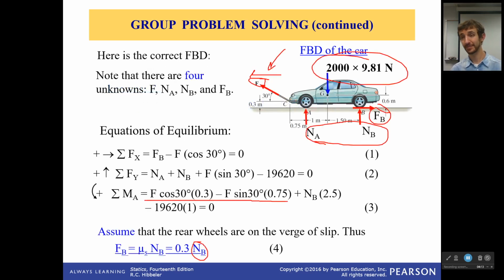Now, I'll be super honest with you. This is a lot of algebra right here. Is there an easy way to do this? There really isn't all that nice of a way to do it. It's 4 equations. They're all fairly well connected. And so it's going to be a bit of a pain to do this. But you can do it.